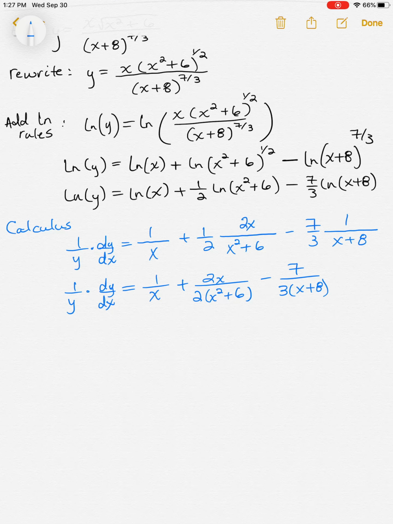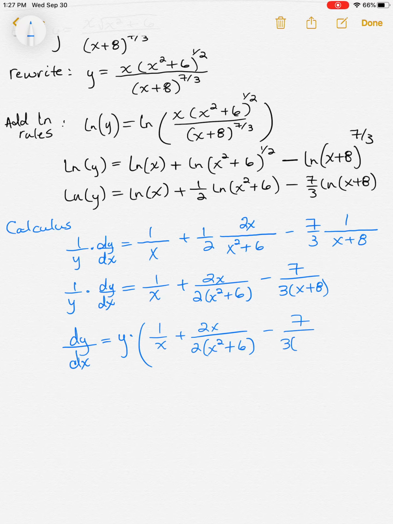Final step, moving that y to the other side to get dy dx alone. Dy dx is equal to y times all of this other stuff, minus 7 over 3 times x plus 8.